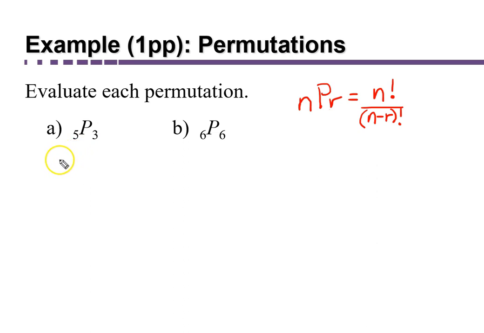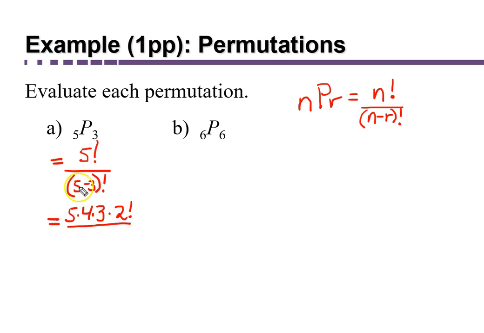Alright, so we have here our n, which is 5 factorial, divided by 5 minus 3 factorial, which will be, as we see here, 5 times 4 times 3 times 2 factorial. I'm stopping there.